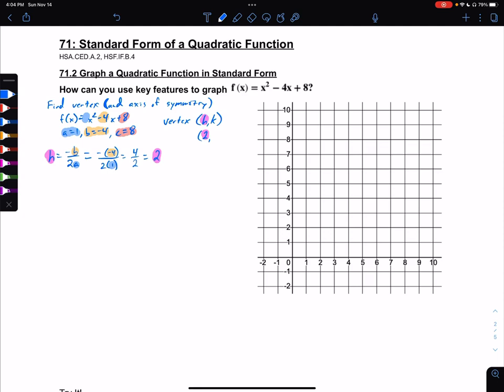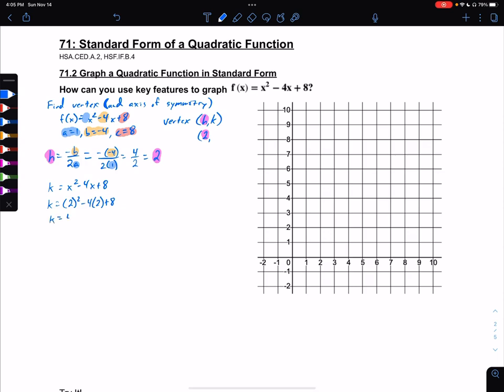All right, to find the k value, you're going to take your original function, x squared minus 4x plus 8, and for the x value, we're going to plug in h. So 2 squared minus 4 times 2 plus 8. And this is the k value.